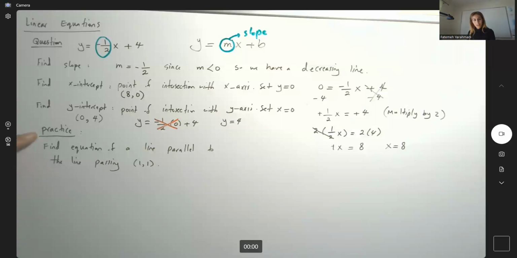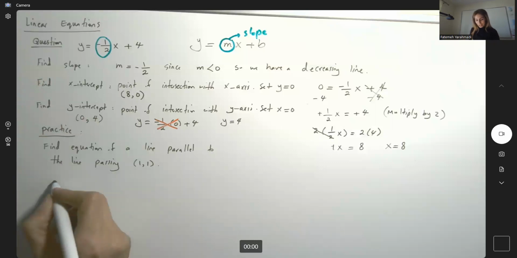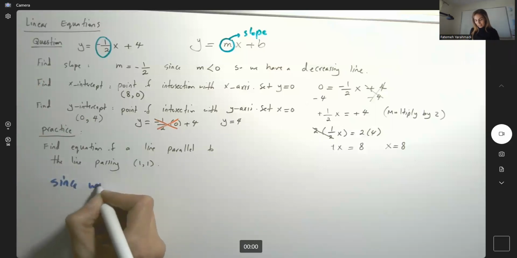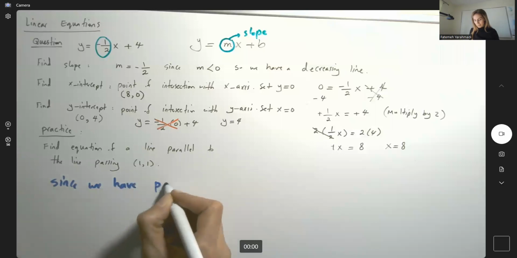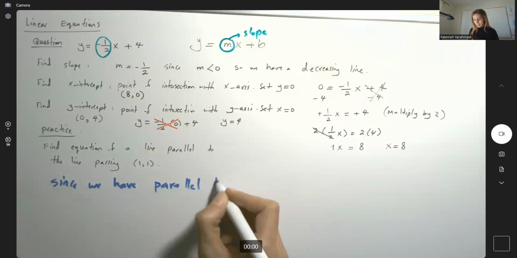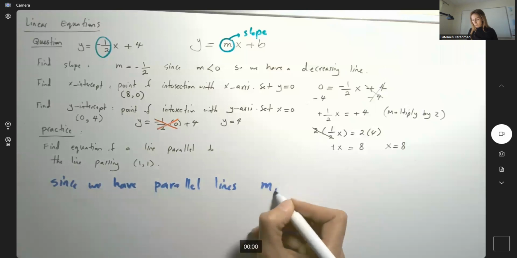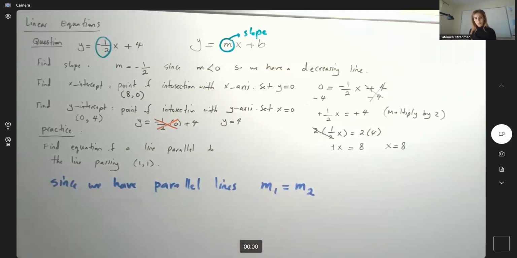Now, this part of the question is as a practice. Find the equation of a line that is parallel to the line above, and it passes through the point (1, 1). Since lines are parallel to each other, M1 is equal to M2.